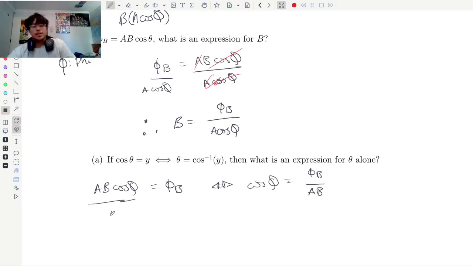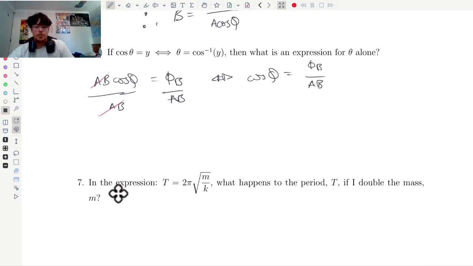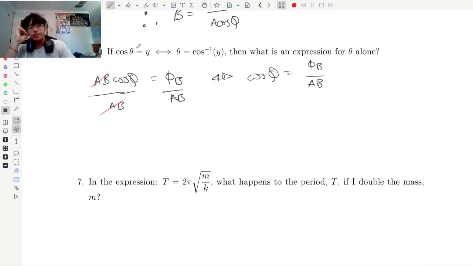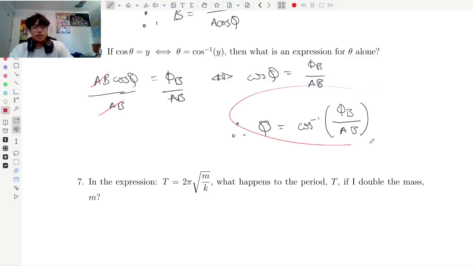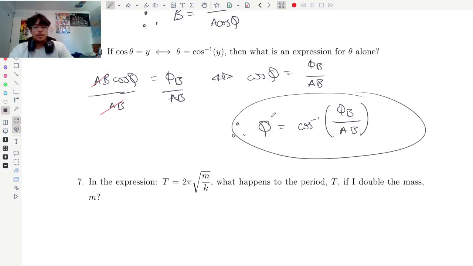And that works because I'm just dividing both sides by AB. Cancel, cancel. Now, by using this relationship, I can say that theta will be the inverse cosine of this whole expression. So therefore, theta is equal to the inverse cosine of phi of b over AB. So that's our answer.